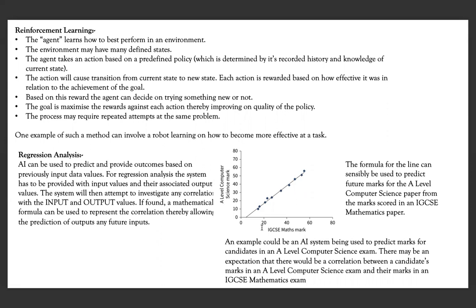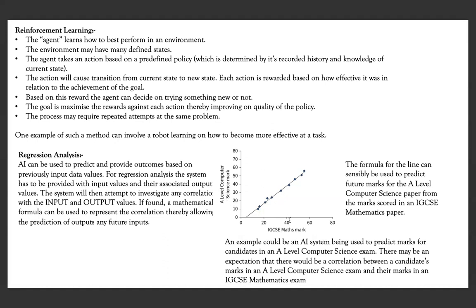In this particular graph, you can see that we have two values: IGCSE maths marks and A levels computer science marks. If there is a correlation between these two values, it can be used to predict. It is observed that a student who has achieved certain marks in IGCSE mathematics has received certain marks in A levels computer science as well.